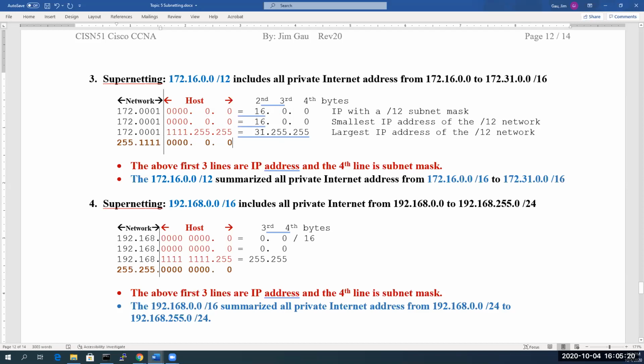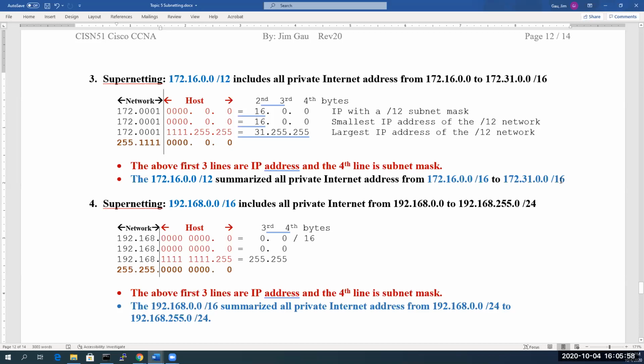Therefore, if you use 172.16.0.0/12, it summarizes all the private internet addresses from 172.16.0.0, each one a class B, to 172.16.1.0/16, 172.16.2.0/16, all the way through 172.16, 172.17, 172.18, 172.19, all the way to 172.31.